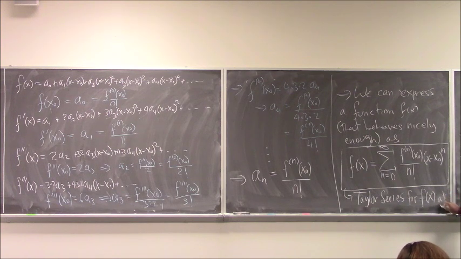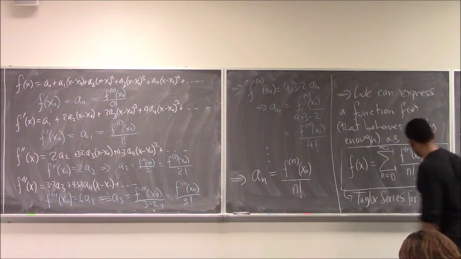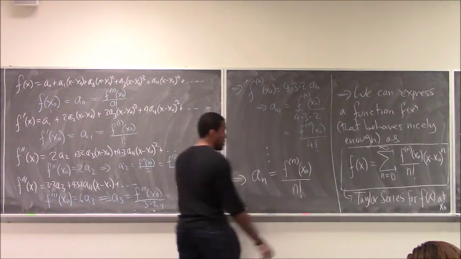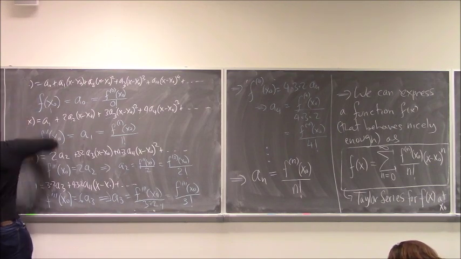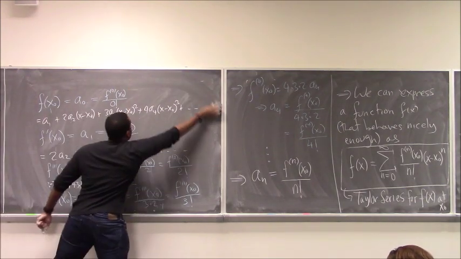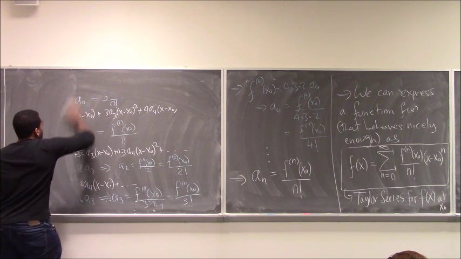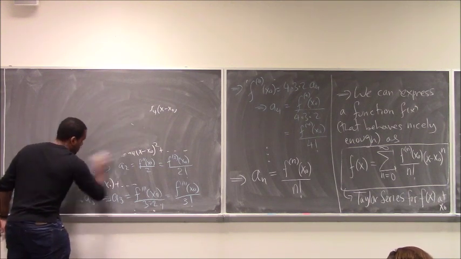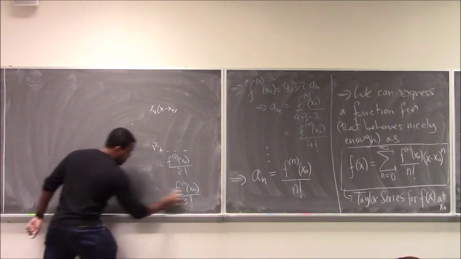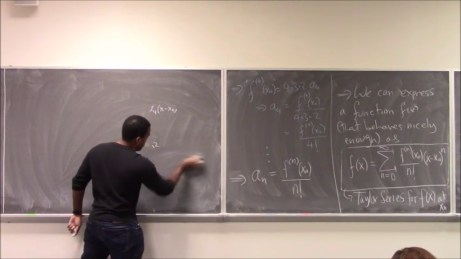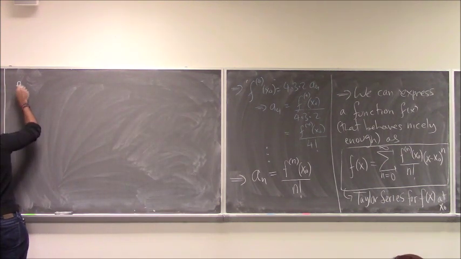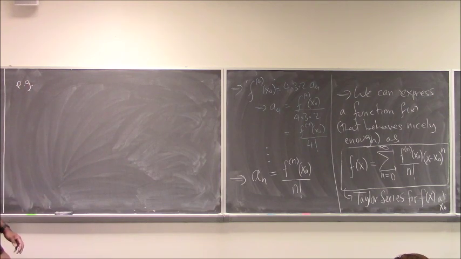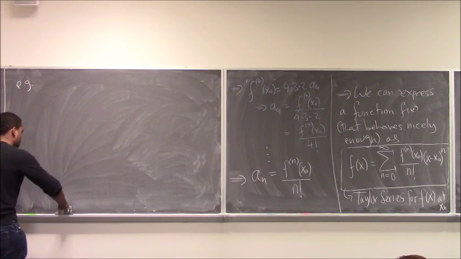At x naught, or you can think centered at x naught or about x naught. These are all phrases that you'd actually use. Let's actually do an example. I'll do an easy one. Maybe I'll also give you a definition here.